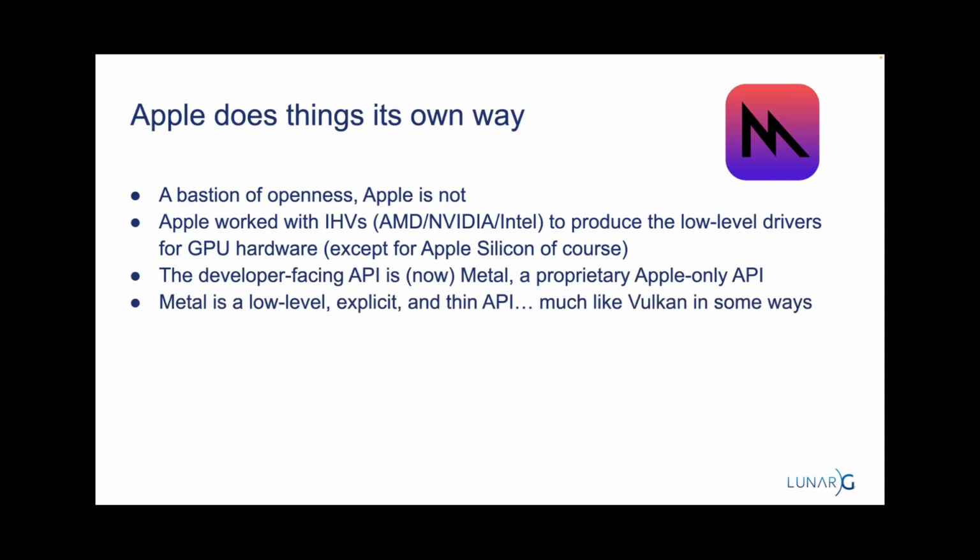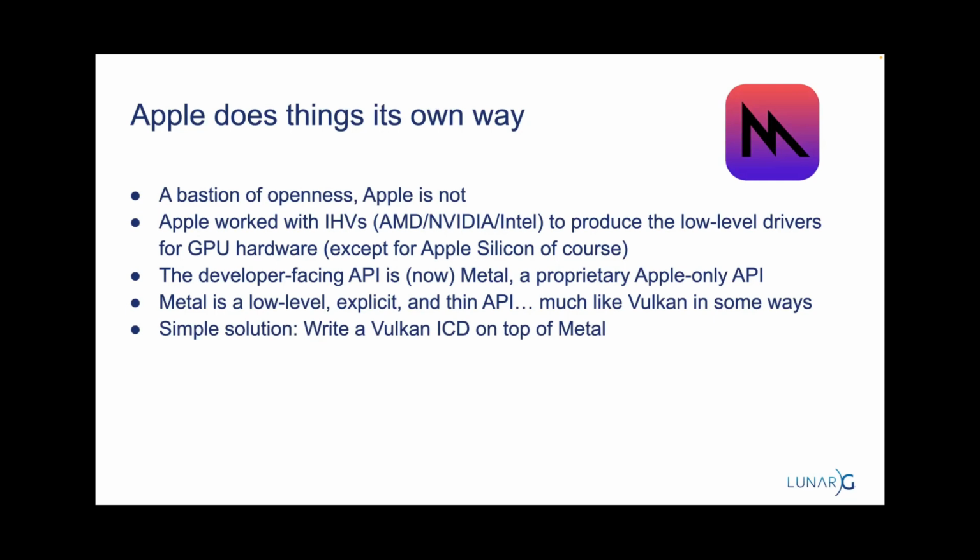And Metal is also a low-level and explicit API, much like Vulkan in some ways, but as Bill mentioned, it's not quite as low level as Vulkan, and that helps Bill earn his paycheck, figuring out how to get around those sorts of things. So since we don't have Vulkan on Apple, and a lot of us do write very portable, GPU accelerated applications, OpenGL was sort of the king of that in past years.